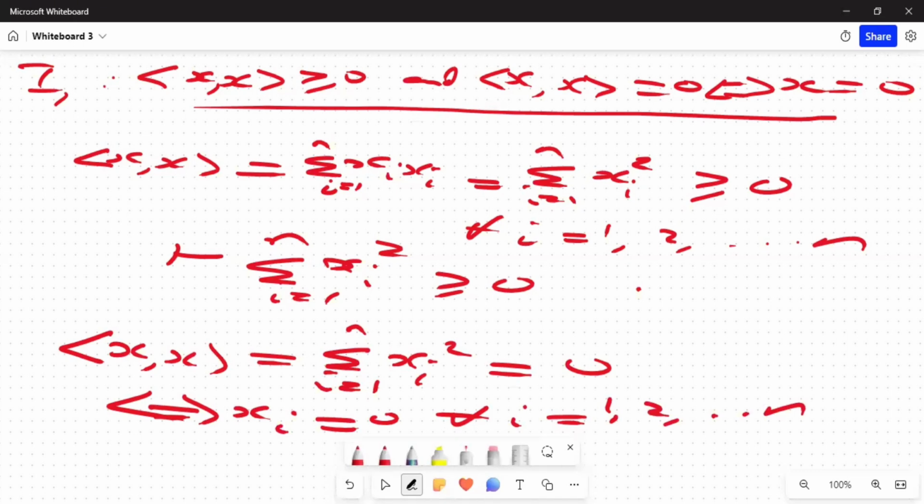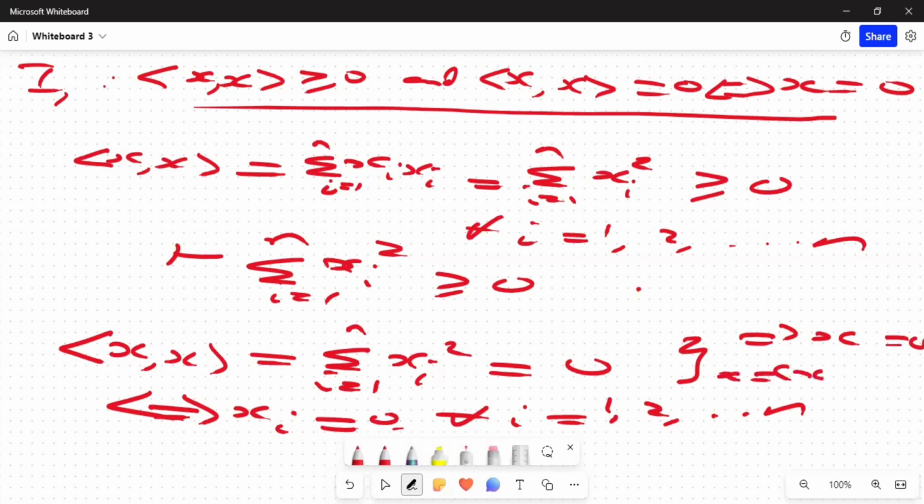If one of them fails to be 0, then this sum cannot be 0. So for this to be 0, all the xi's must be 0. And if that is the case, this implies that x is a zero vector.